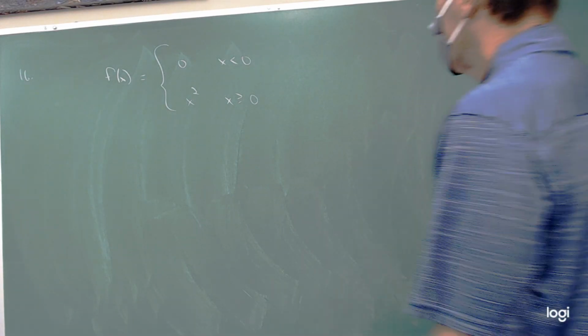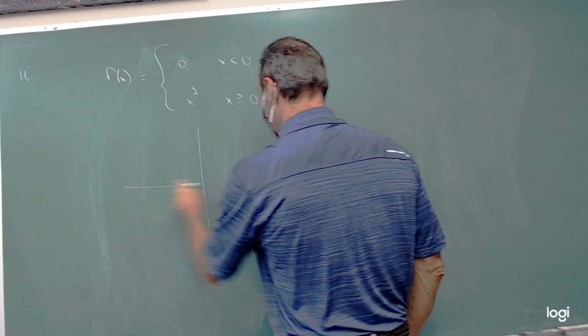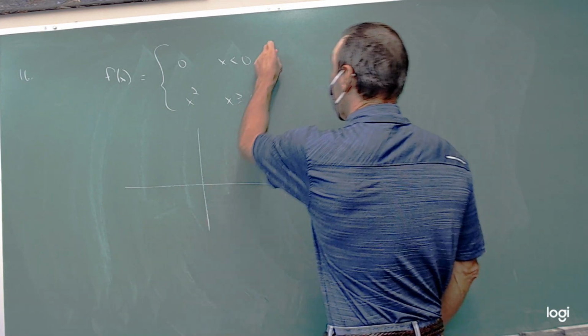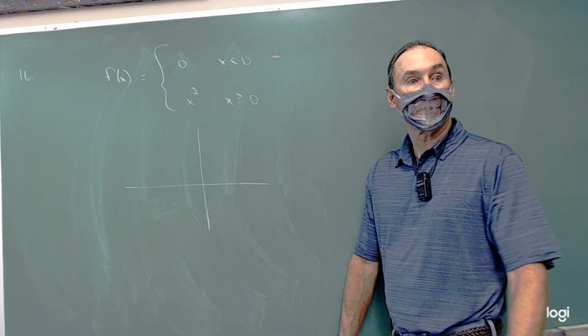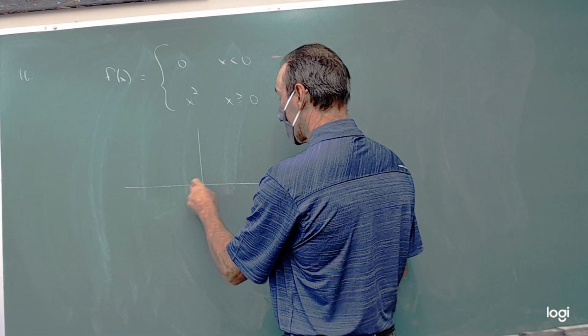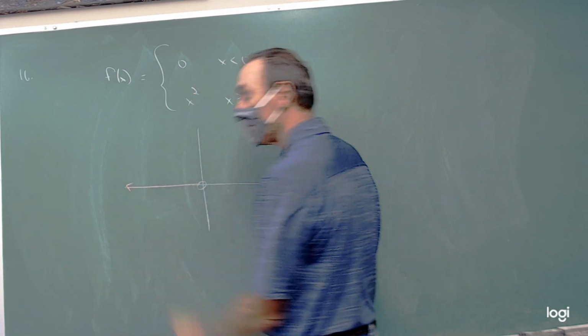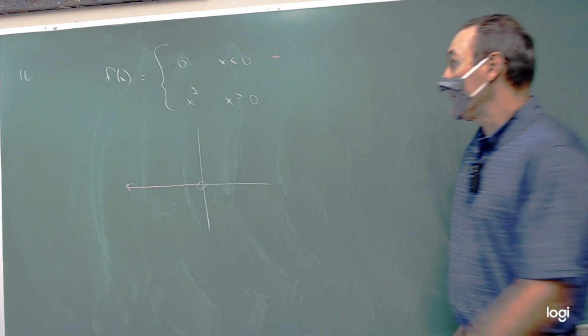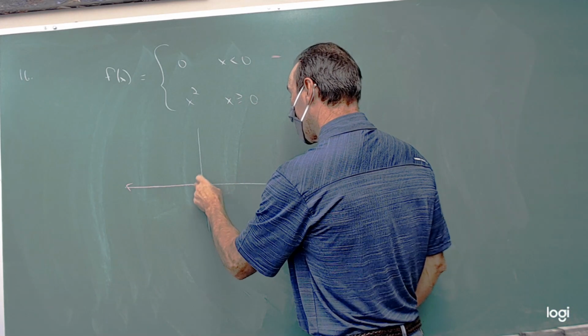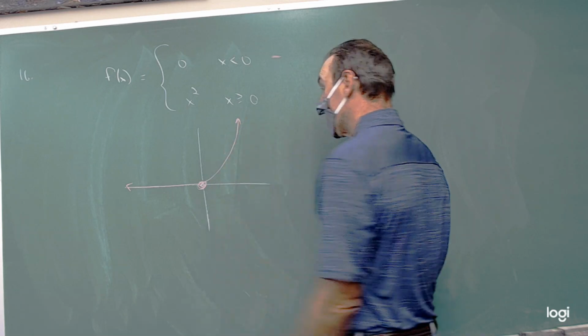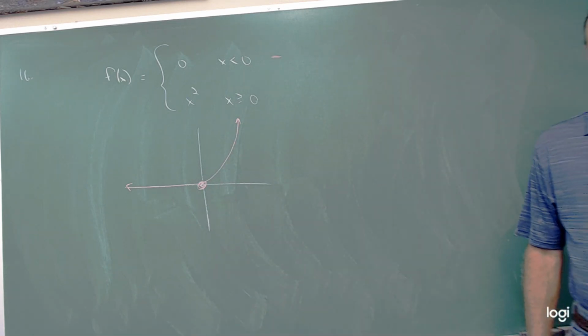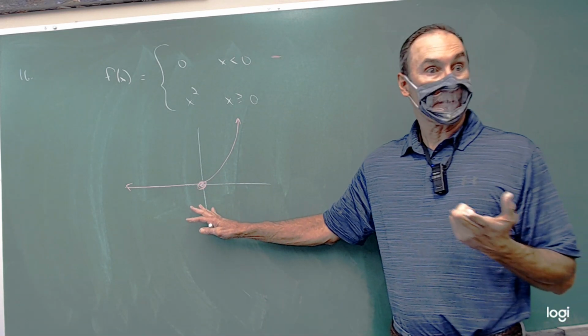Okay. So if we graph this thing, this part is going to be just a horizontal line. So that's going to be this thing right there, y equals 0. And then we get a parabola, and so we know that's going to go like this. So I think we can see pretty clearly it's going to be continuous.